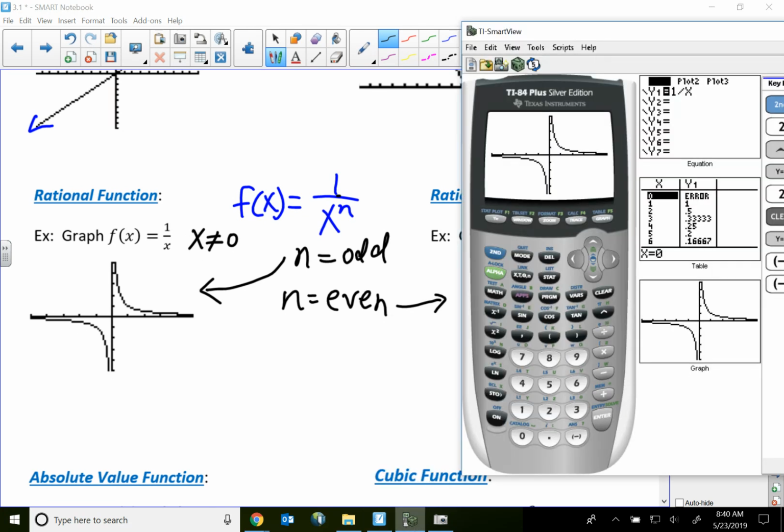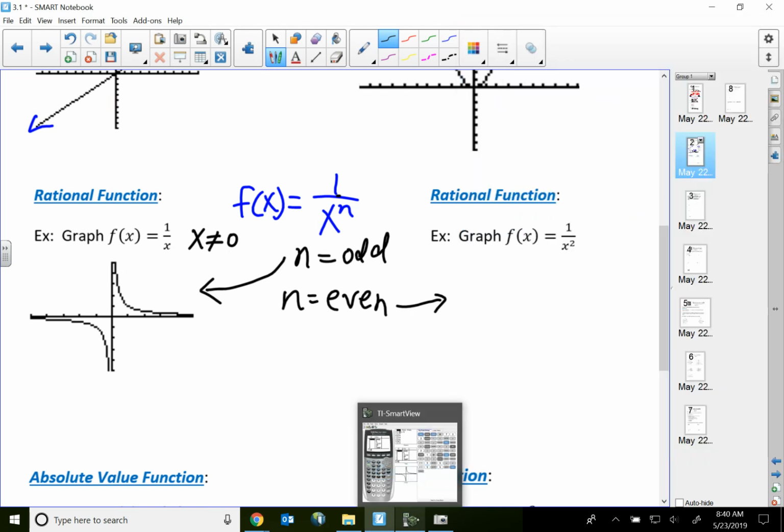So if I go look at the table, which is right above the word graph, if I press second table, when x equals 0, it's going to give me an error message because my function is not defined when x is equal to 0. That's called the restriction on the domain.